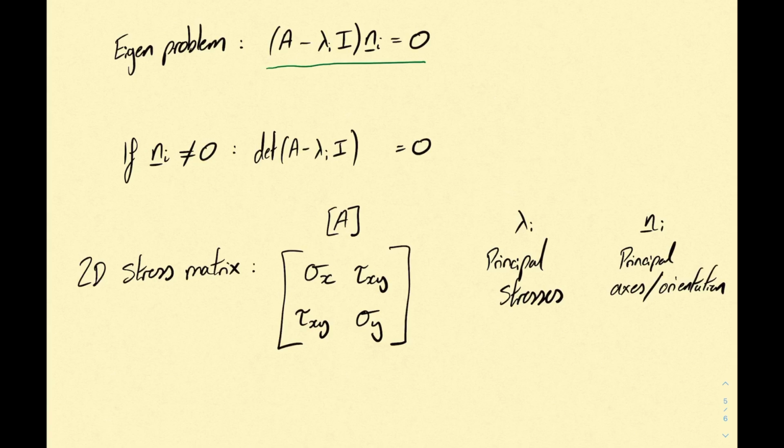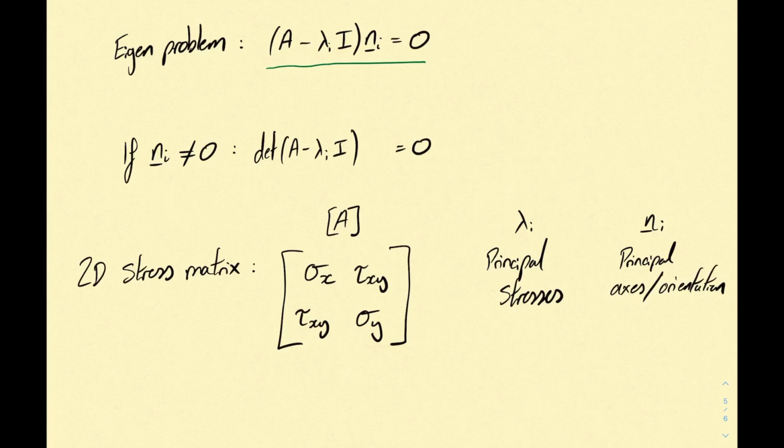So we have our 2D stress matrix, which is the matrix A. We have our principal stresses, which are the eigenvalues of the system. And we have our principal axes, or the orientation of these stresses, which are given by the eigenvectors of the system. Now with this in mind, you have basically 3 different ways to solve a problem that has anything to do with transformation of stresses.